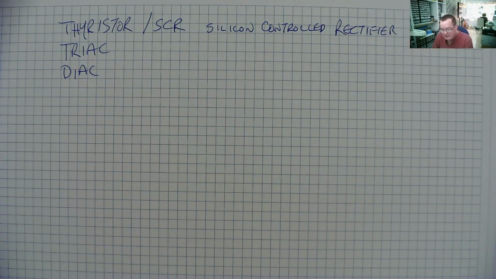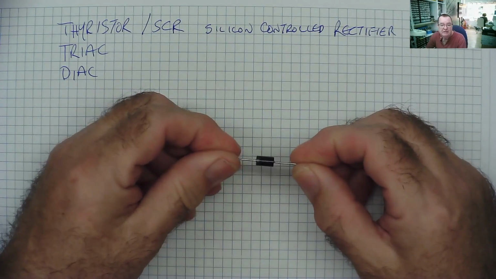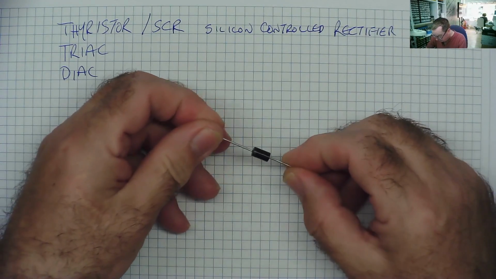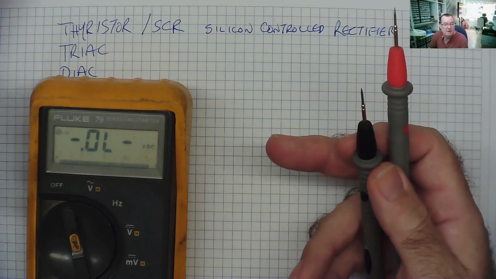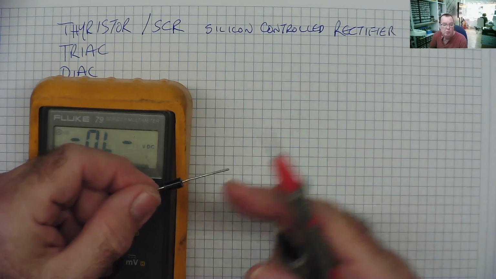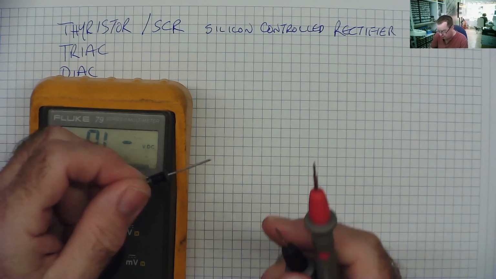So basically a thyristor is a diode, a rectifier diode, that you can actually control. Here is a silicon diode, a rectifier diode. And I expect you probably know that a diode will basically conduct in one direction, so it conducts current one way and it blocks current the other way.